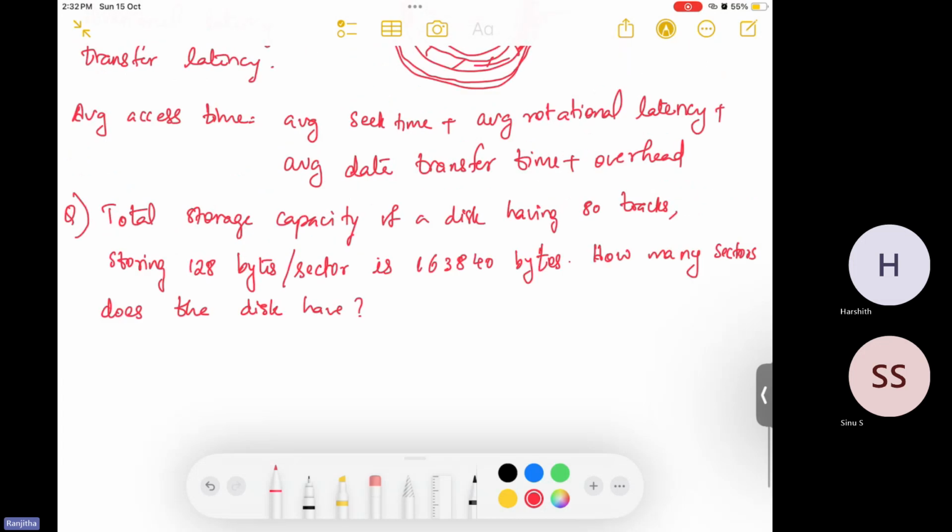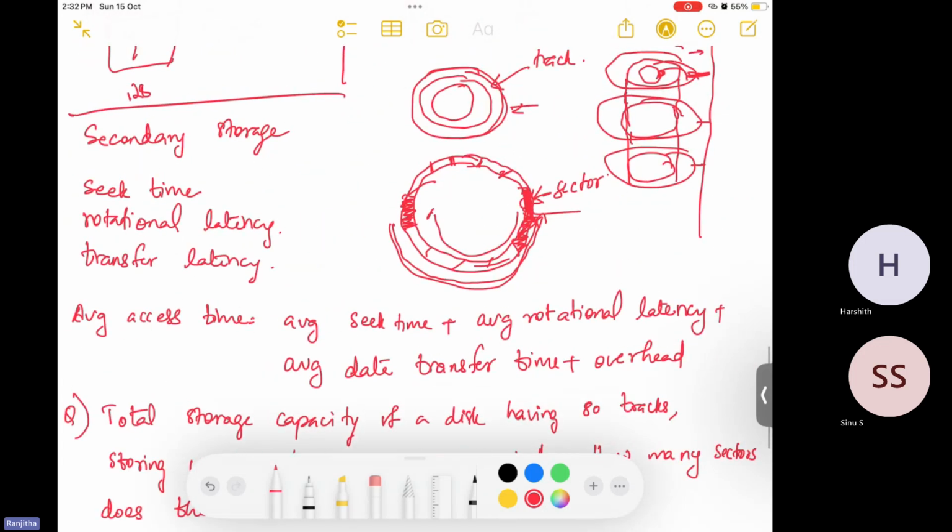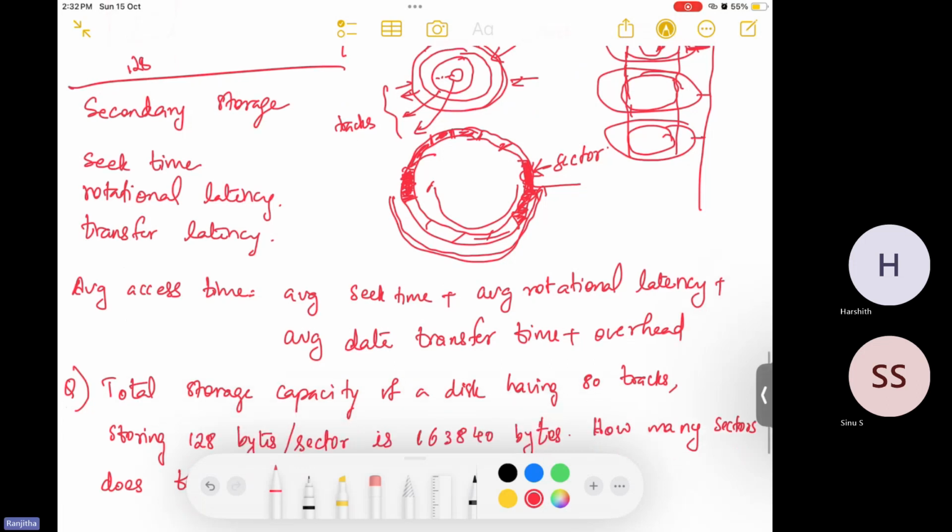Okay, so as we have seen here, the disk can have n number of tracks. This is one, this is two, this is three, and we can have n such tracks. These are the tracks, and on each track we have what are called sectors.